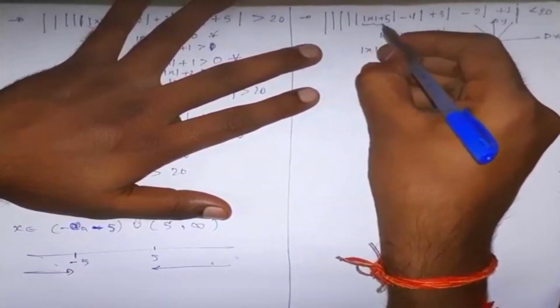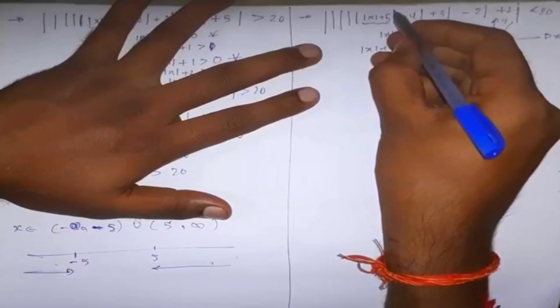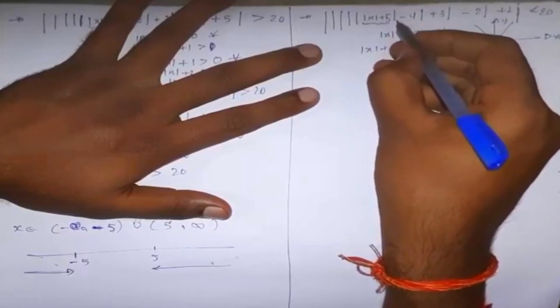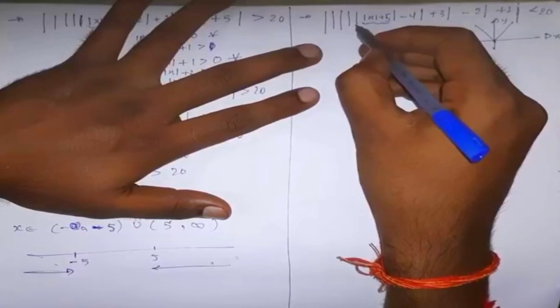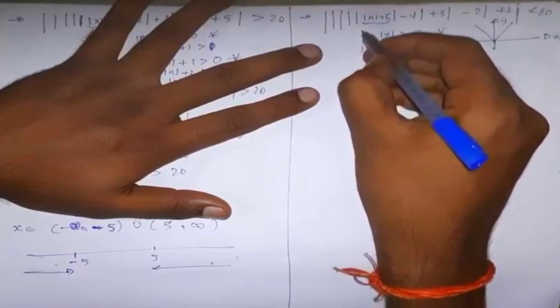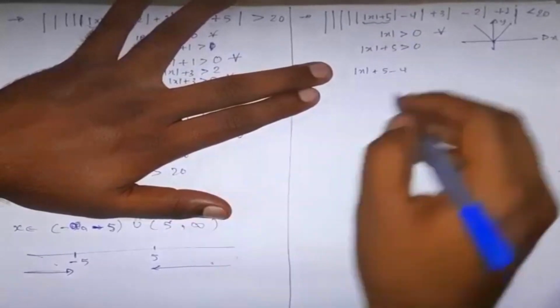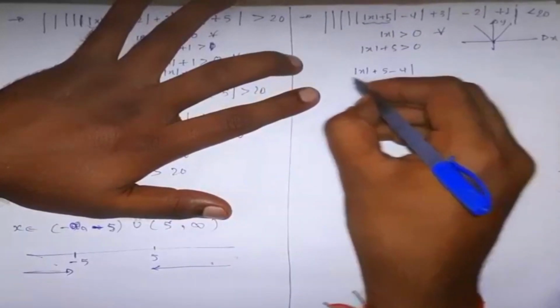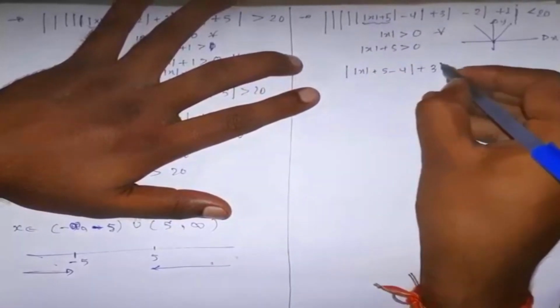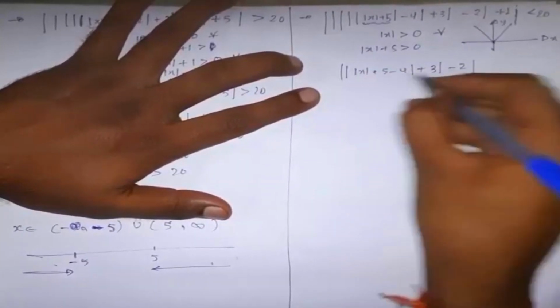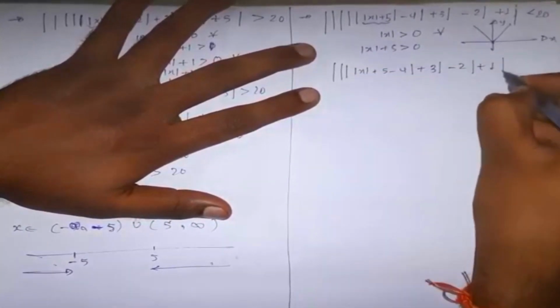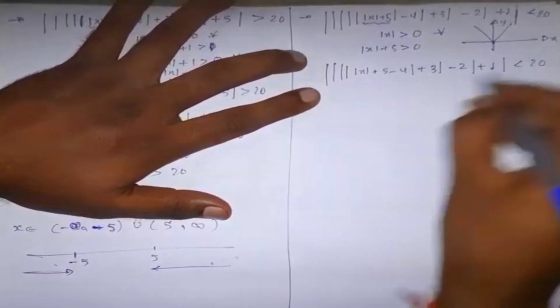So this portion is positive, then this mod function will open as positive. So this will become mod of x plus 5 minus 4, plus 3 minus 2 plus 1, less than 20.